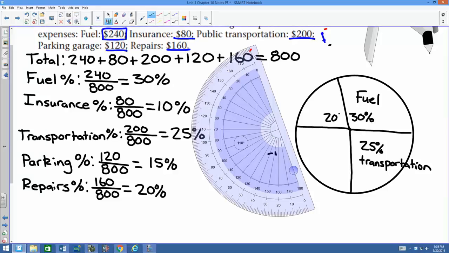So you could put this one at 20%. And then you could cut this other 25% into 10% and 15%. So let's say that's probably 15% and 10%. And then 15 was parking. And 10% was insurance.